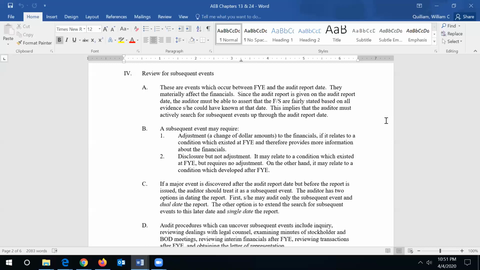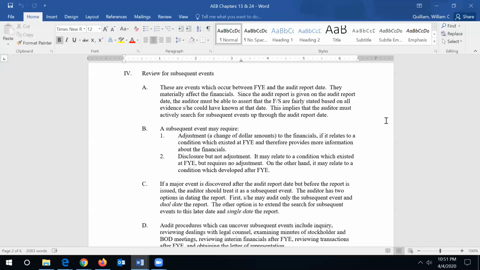Instead, there was a receivable from a purchase in January. Well, the previous year's financial statements require no adjustment, but if that receivable is big, even though it occurred in January and did not exist December 31st, well, financial statement readers will want to know about this. So we need to make sure the footnote is added.